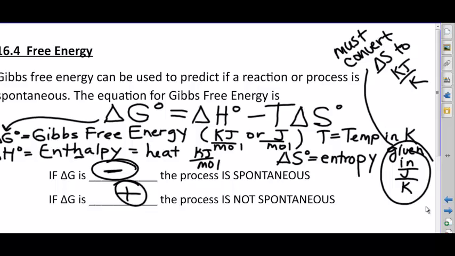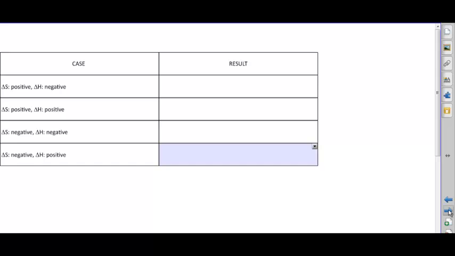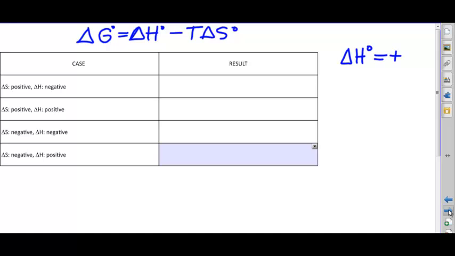So really, everybody, there are 4 scenarios that you can have. Okay, remember, if delta H is positive, if you've forgotten, the reaction's endo.